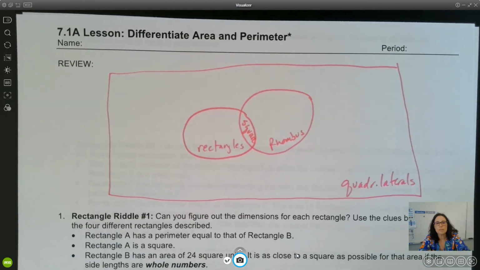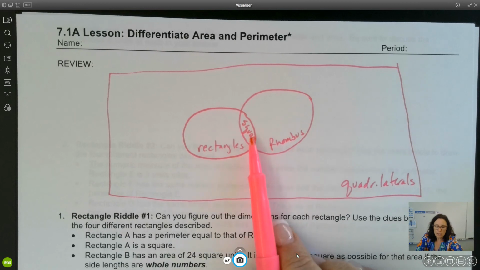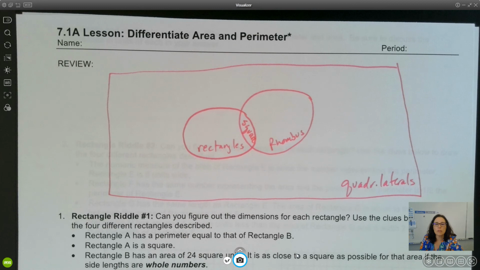So what that says is a square is a rectangle and a square is a rhombus. Sometimes a rhombus is a rectangle. Sometimes a rectangle is a rhombus. And all three of these things are quadrilaterals. That's what this says so far.